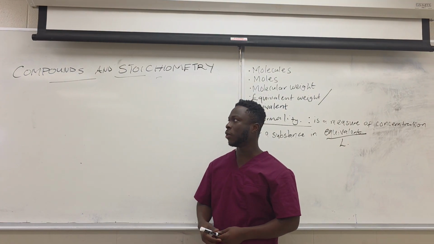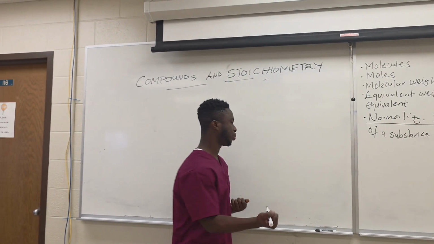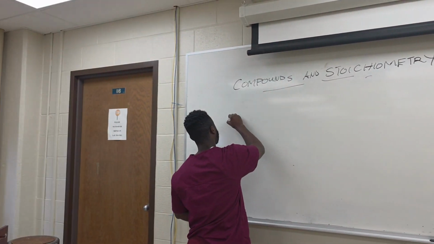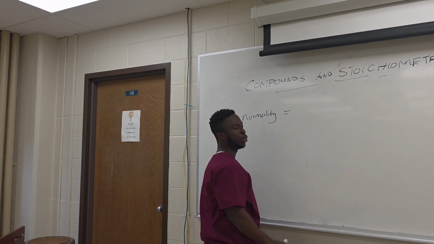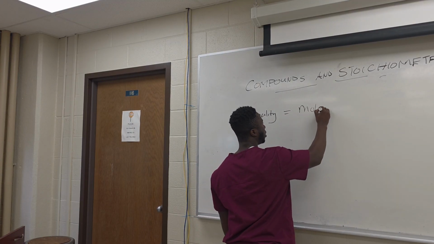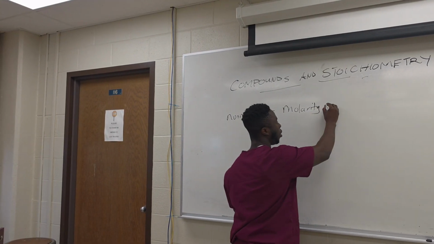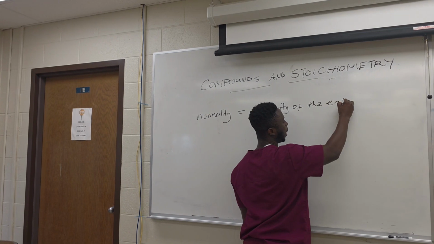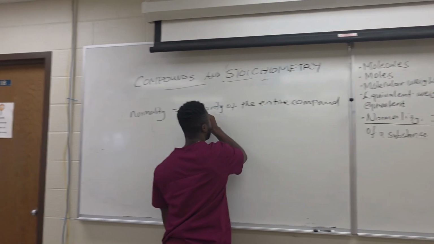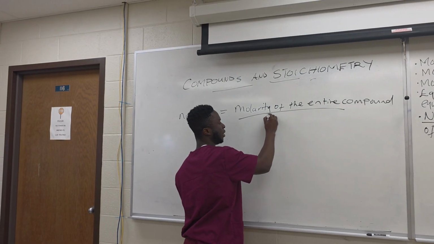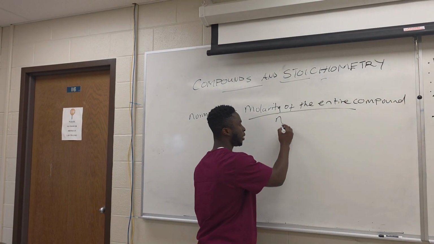Now there is a formula for normality that we can use to calculate it, pretty simple. The formula for normality will give you the molarity of the entire compound itself, divided by n, where n is the number of equivalents, or the number of particles that we are looking for.